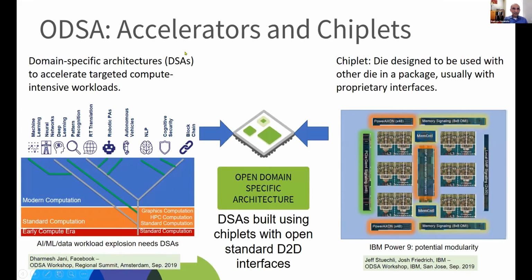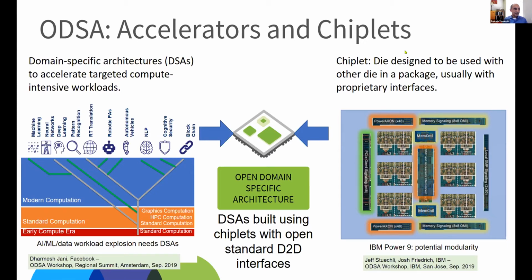I am a sub-project lead for a project called the Open Domain Specific Architecture. Essentially what this project aims to do is that, because of the slowdown in Moore's law, there's going to be a proliferation of domain-specific architectures, where workloads shift from general-purpose CPUs to silicon targeting a specific class of workloads.